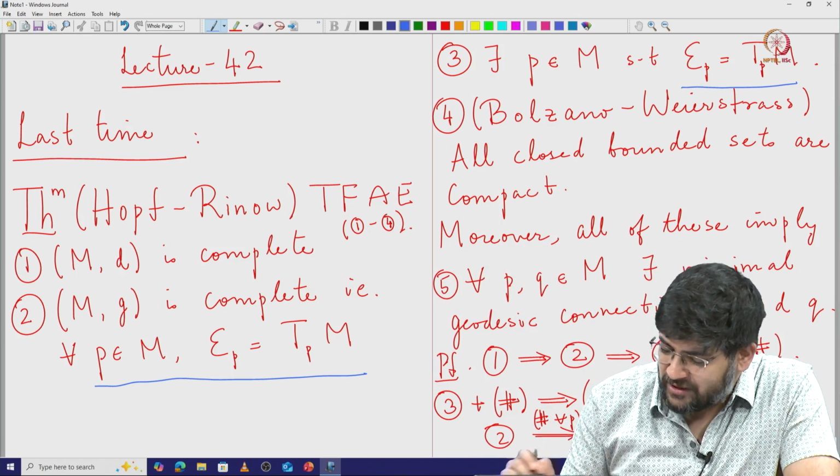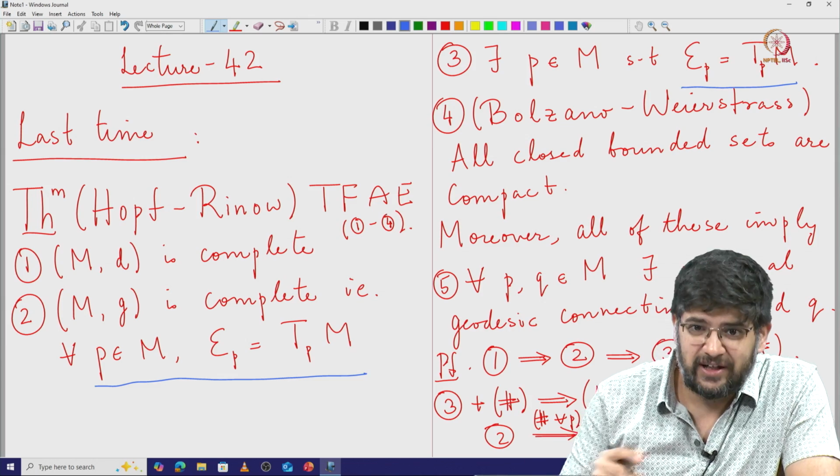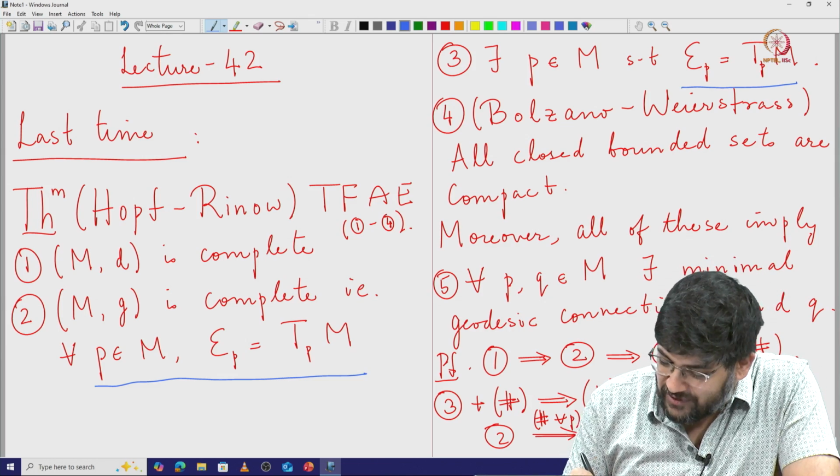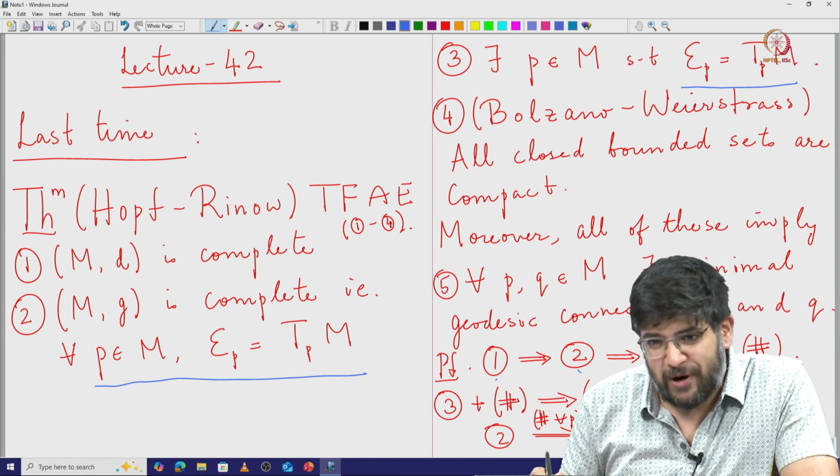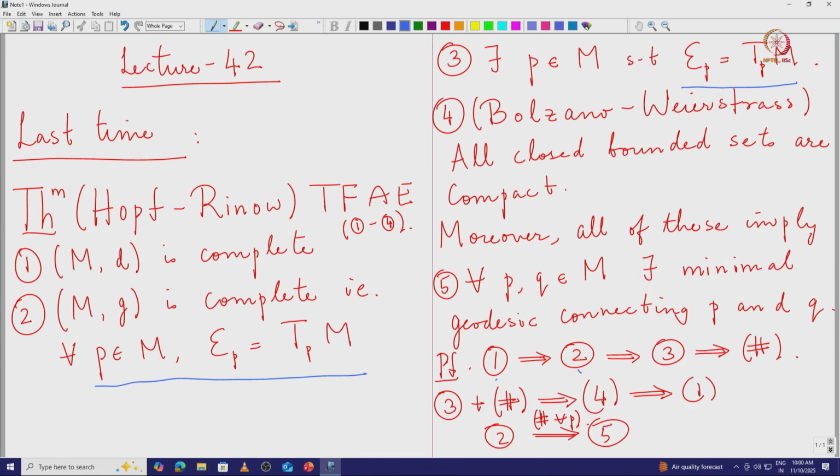Okay. So the proof of this went via the following sort of flow chart. We first proved that 1 implies 2 and then 2 implies 3 is a triviality, and then I claimed that 3 implies this key property which I labeled by hashtag.